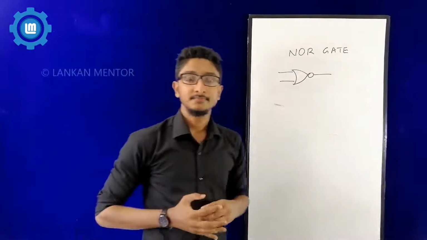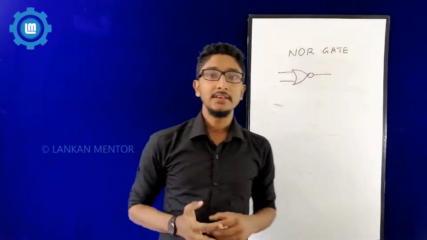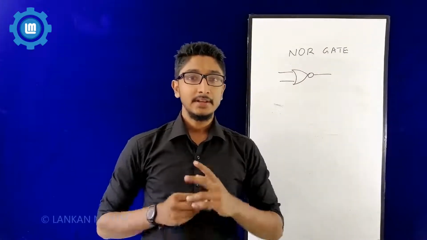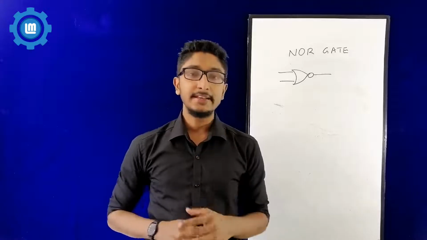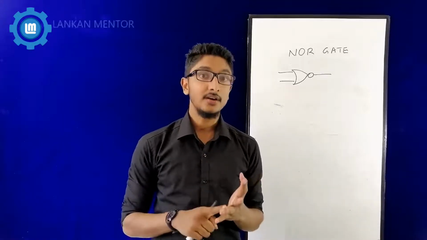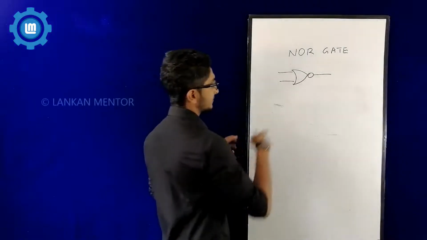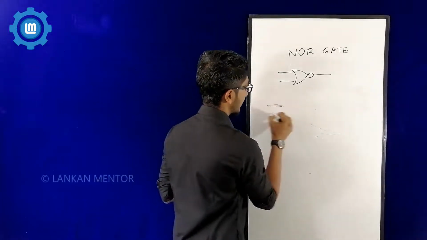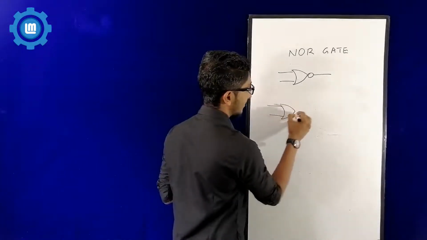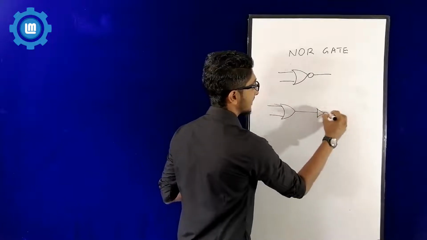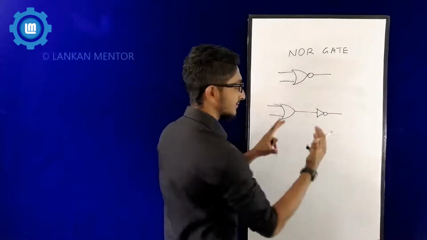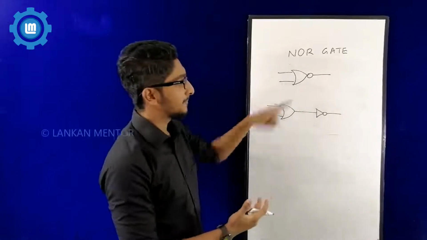NOR gate. The NOR gate is one of the combinational gates. It is made up of two basic logic gates, NOT gate and OR gate, right? So you have an OR gate and a NOT gate, combined together to make up the NOR gate.